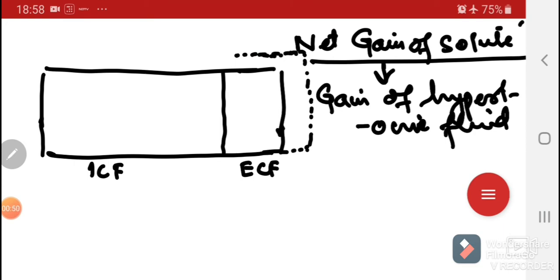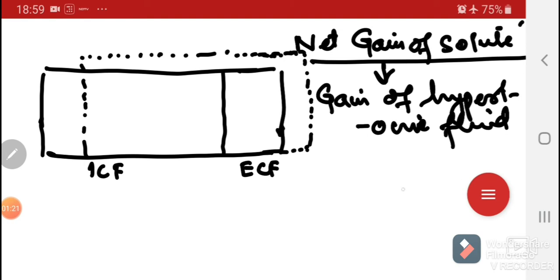But now that the osmolarity of ECF is increased, what we expect is that fluid from ICF will cross the cell membrane and enter into the ECF, because we know whenever there is a semi-permeable membrane or selective permeable membrane between two fluids of varying osmolarity, fluid moves from area of lower solute concentration to area of higher solute concentration.